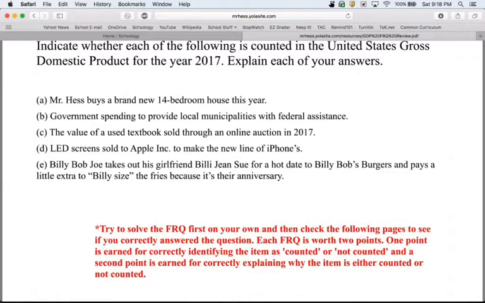There are 2 parts to each of these questions. You're going to start by telling me whether or not the thing's counted or not, explain why, and please make sure that at the very end you include the definition of GDP. GDP counts all final goods and services produced within a nation in a given year's time. So you go through that.